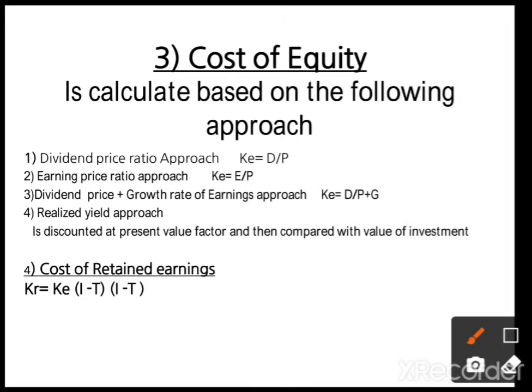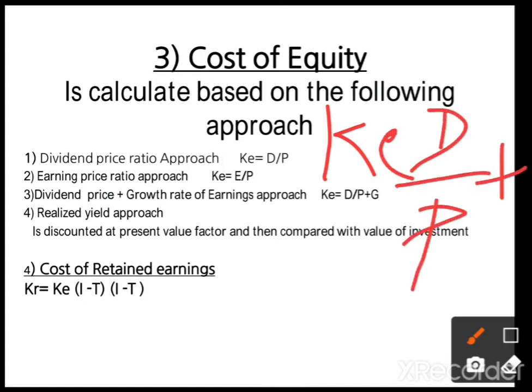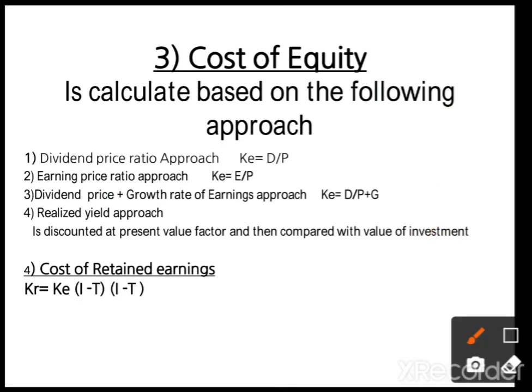To calculate cost of equity under dividend plus growth, cost of equity is equal to D divided by P, plus G. Here D means the expected dividend per share, and P means net proceeds.